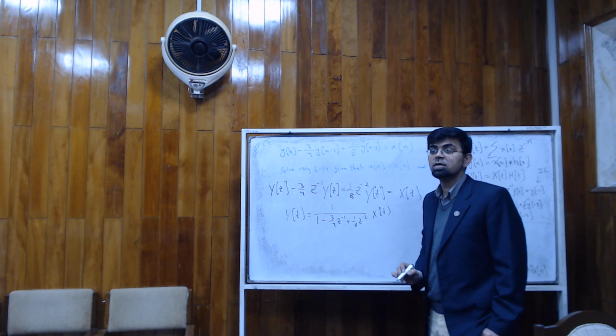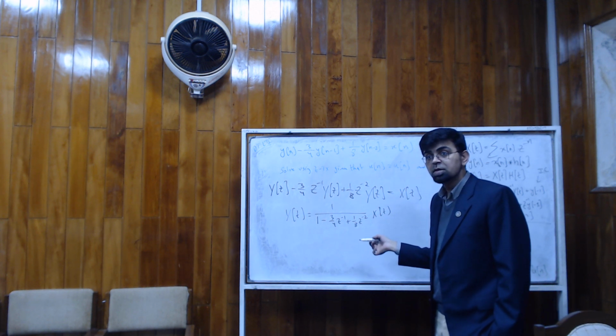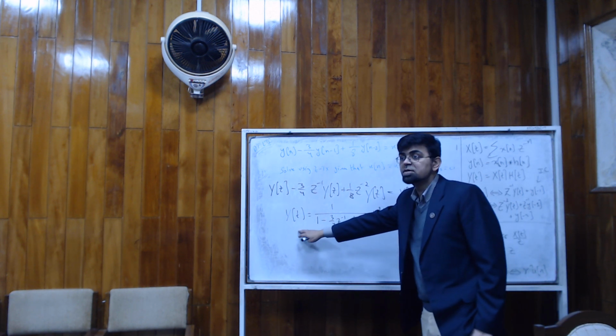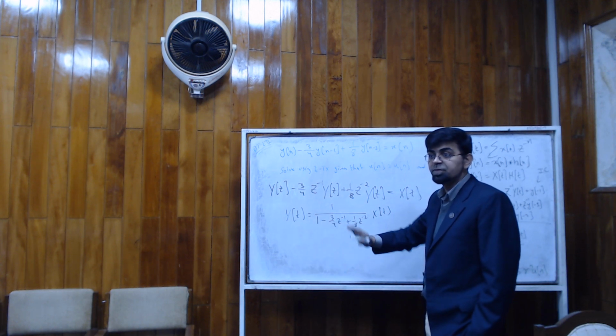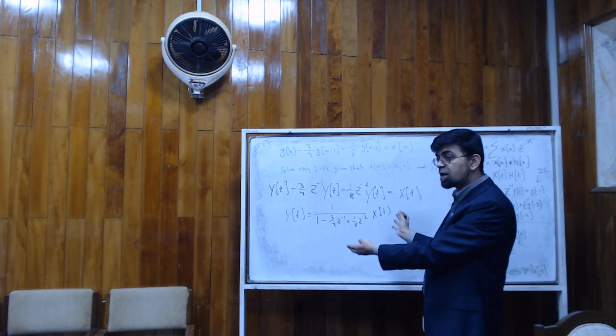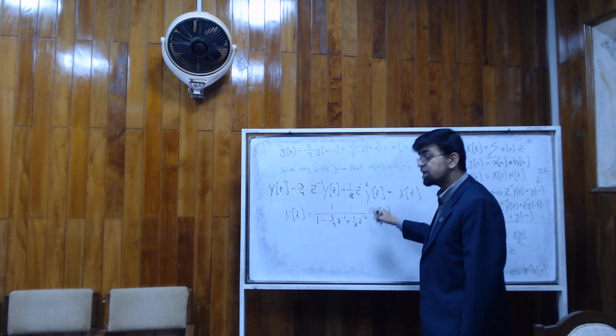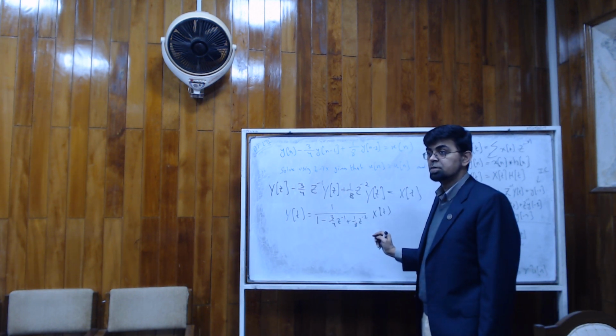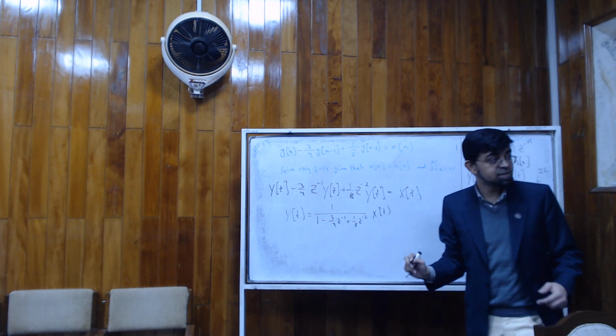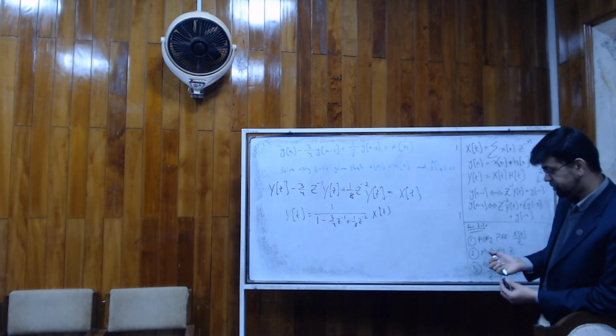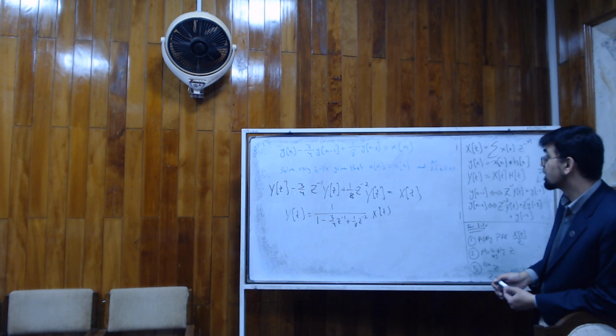Now what will we do? Is it done? We need to find yn, right? So we will have to do the inverse z transform. But before that, we have to put all our cards on the table. So far we have only done this thing. What about xz? Quickly, what is xz? The unit step function.